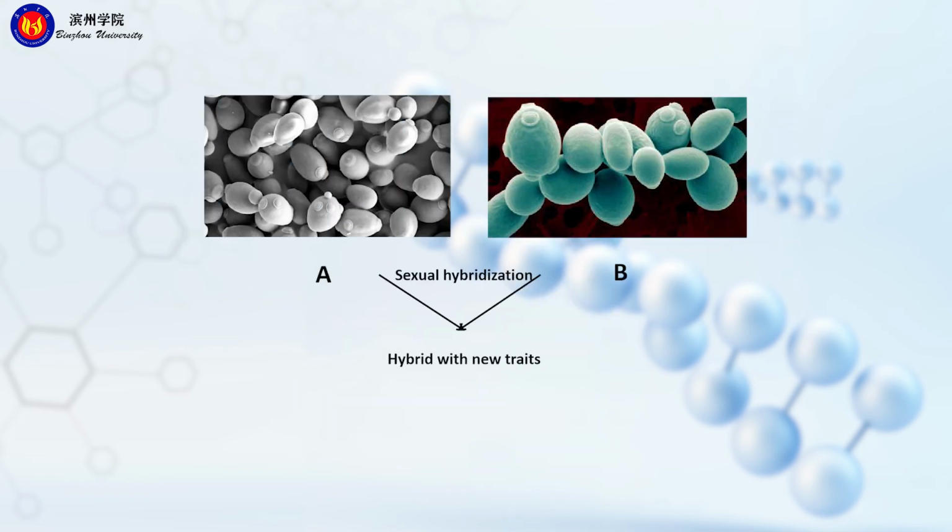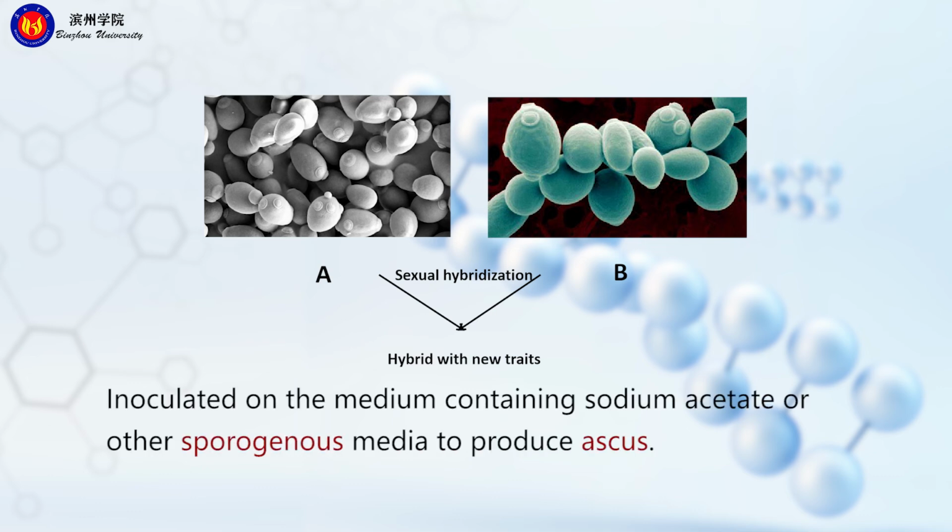Here we will take S. cerevisiae as an example to briefly introduce the process of sexual hybridization. Parent strains with different production characteristics, shown as strain A and strain B in this picture, were inoculated on the medium containing sodium acetate to produce asci.